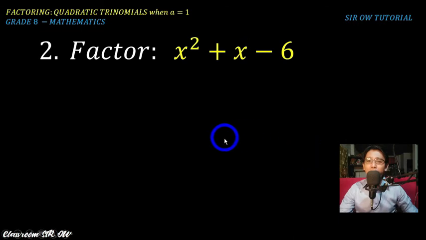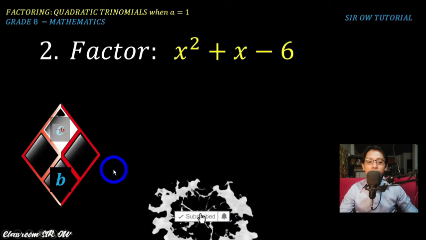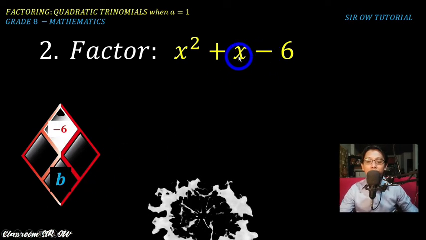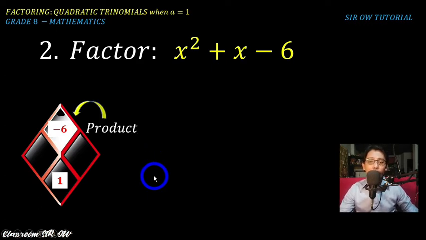Question number 2. We are asked to factor x squared plus x minus 6. Again, we'll be making use of our diamond method. The upper portion is the value of c, the constant, which is negative 6, and the lower portion is the value of b, the coefficient of the linear term, which is 1. Why 1? It's actually an imaginary 1 here. Our task is to look for two numbers whose product is negative 6 and whose sum is positive 1.